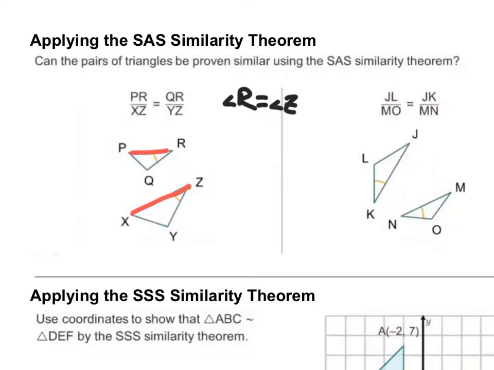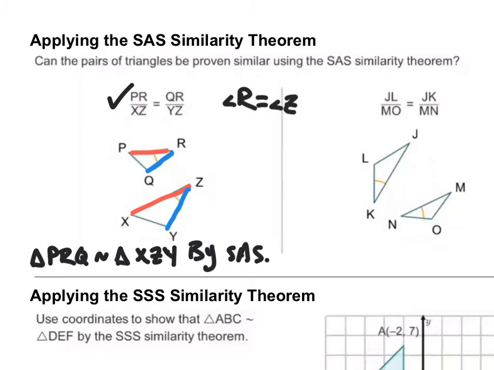Because PR corresponds with XZ, and QR corresponds with YZ, those ratios are equal. And so what we then say is that triangle PRQ is similar to triangle XZY. And that's what I know, by side angle side.